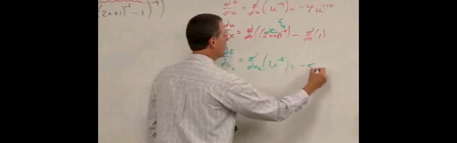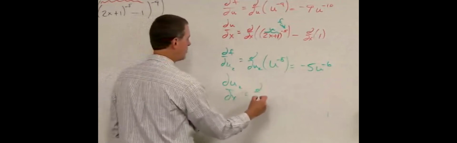So df by du, we'll call it u2, would be the derivative with respect to u2 of u to the negative 5th, which is negative 5 u to the negative 6th, and then the derivative of u2 with respect to x is the derivative with respect to x of 2x plus 1, which is 2.